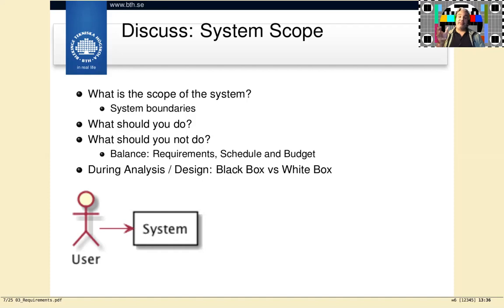So having this clear knowledge that this is outside of the system is useful, so that you can focus on the things that you're actually going to build. There's a balance there, of course, especially for the parts that are on the border, the gray area. What can you afford to do within the resources and the budget that you have available?